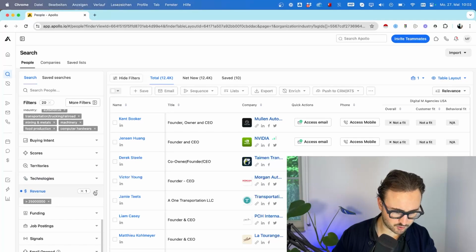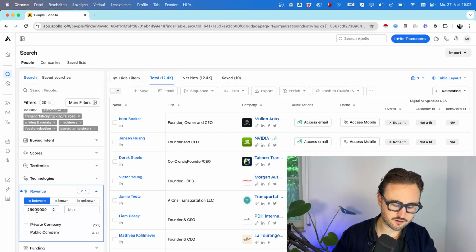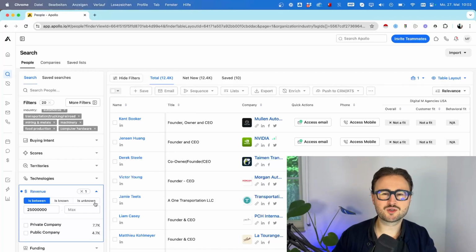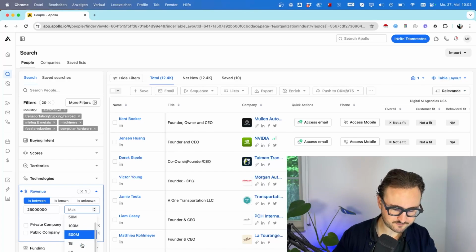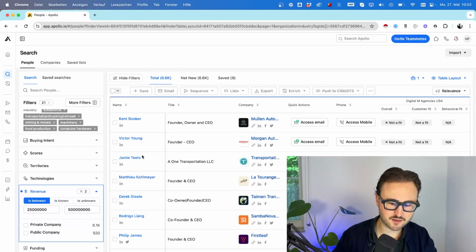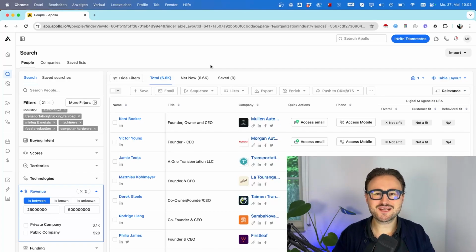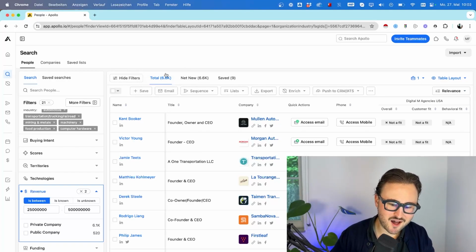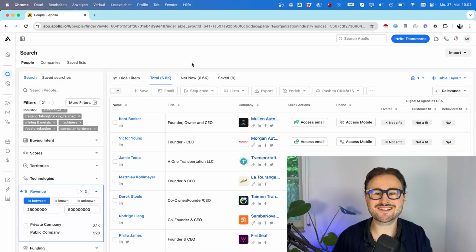Then I told you about the revenue. So in the step before, we just put in a minimum revenue, but we don't want to target too large corporations that we are not able to get inside. So I would say 500 million in revenue is fine. So here you see the number of leads dropped to half of it. So 6,600 leads.